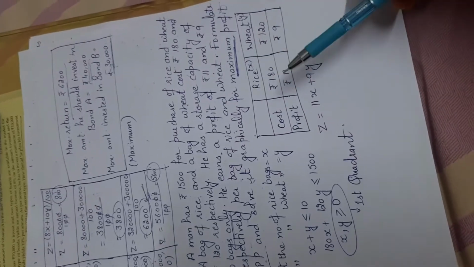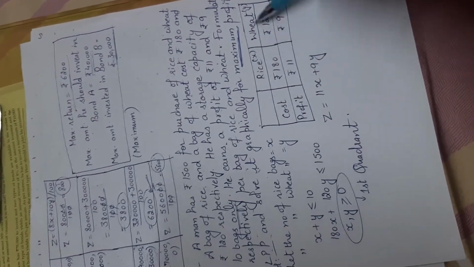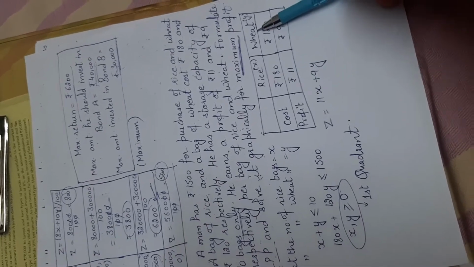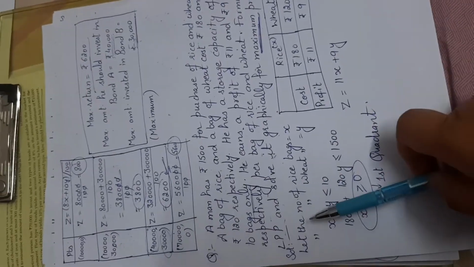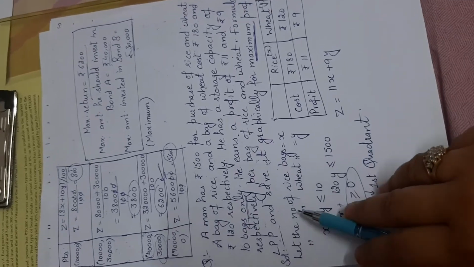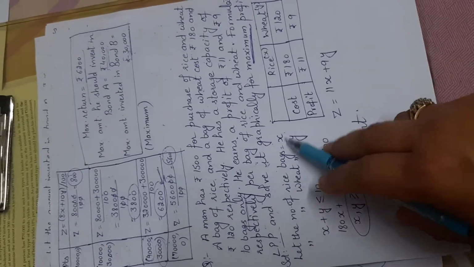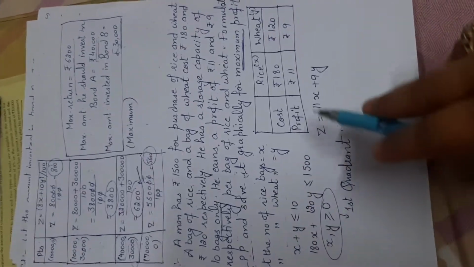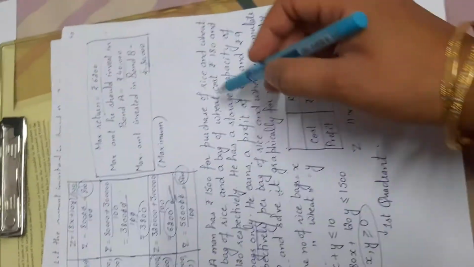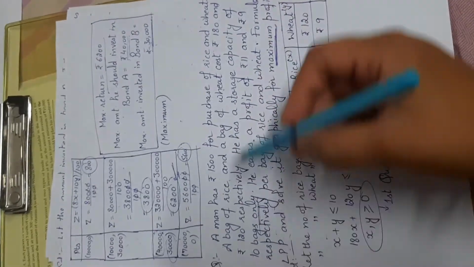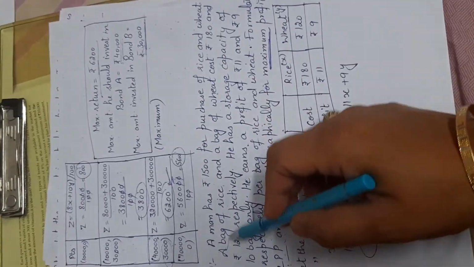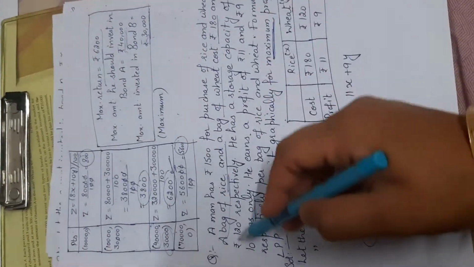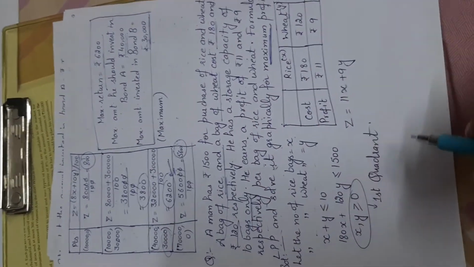Now first of all, we'll form the table. There are 2 types of ingredients we have. First one is rice and another one is wheat. We don't know about their bags, so we substitute: let the number of rice bags be X and the number of wheat bags be Y. Now its cost: the question is saying a bag of rice and a bag of wheat cost rupees 180 and rupees 120 respectively.